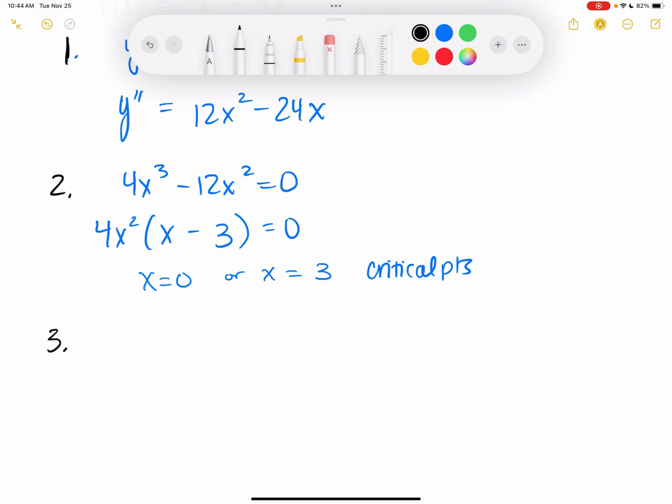So f double prime of 3. To check for a min or a max, I'm evaluating at these critical points. We have 12 times 3 squared minus 24 times 3. So we've got, let's see, 9 times 12 is 108, minus 72, 36.